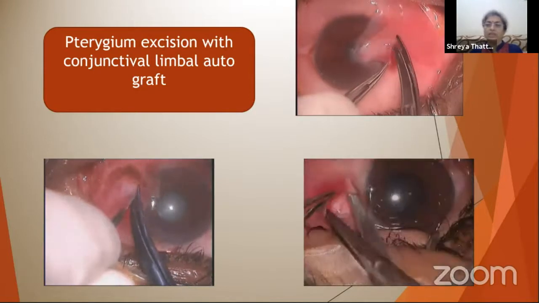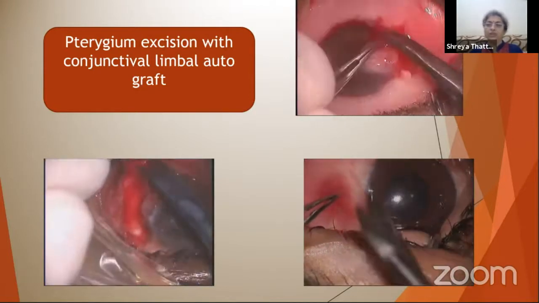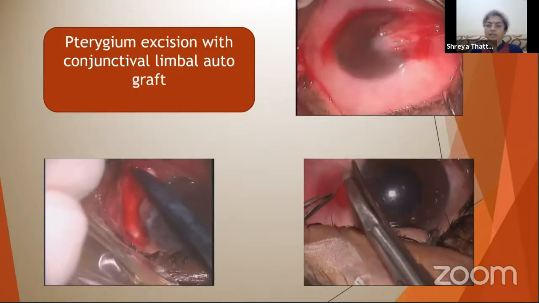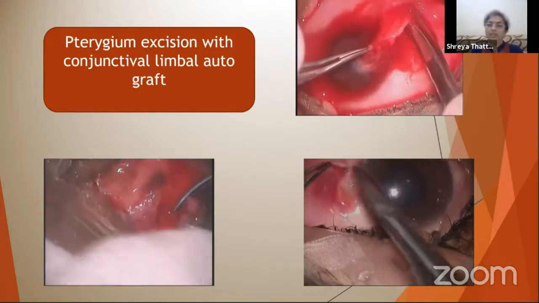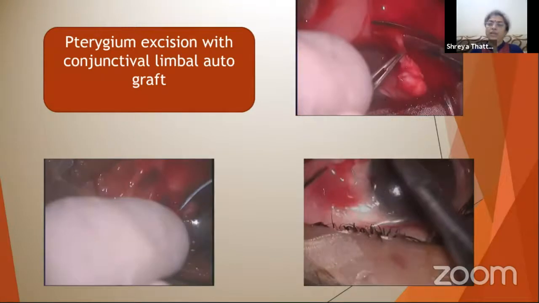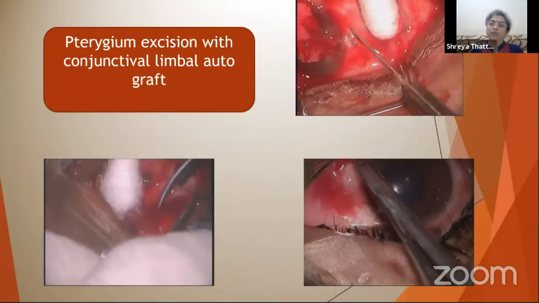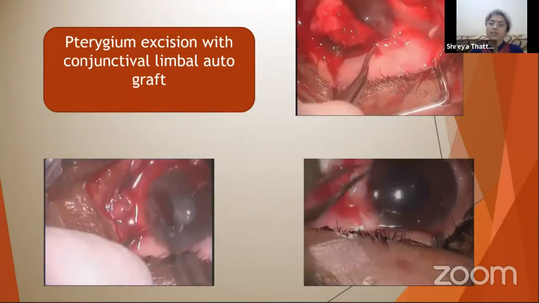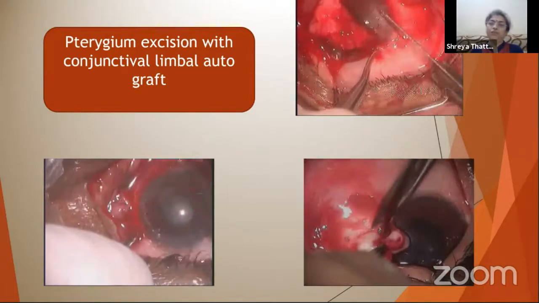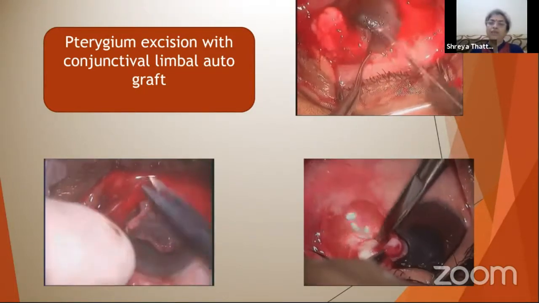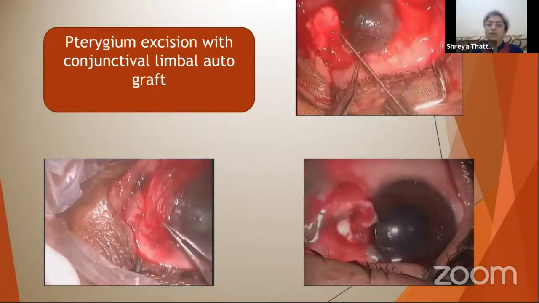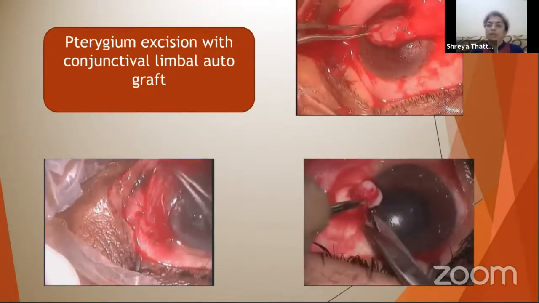As you are seeing in this video, this is the simple nasal pterygium, and below are the pigmentary and the cystic degeneration. So I do pterygium excision in the reverse manner. I do extended removal of the pterygium tissue from the fornix and then do the keratectomy. In this way, when you do this reverse keratectomy, you get a smooth corneal surface.